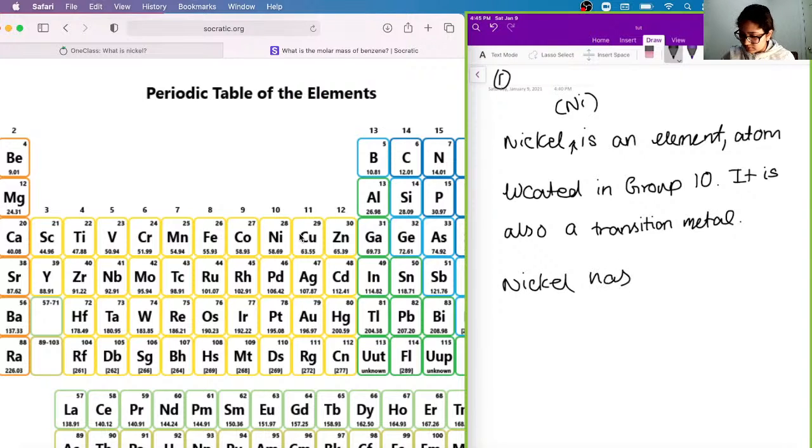Since it has 28 protons, the neutral nickel atom has 28 electrons, which we just mentioned.